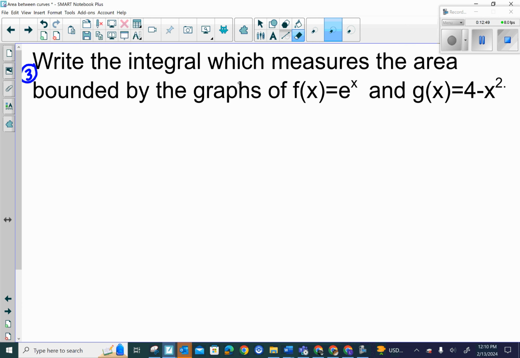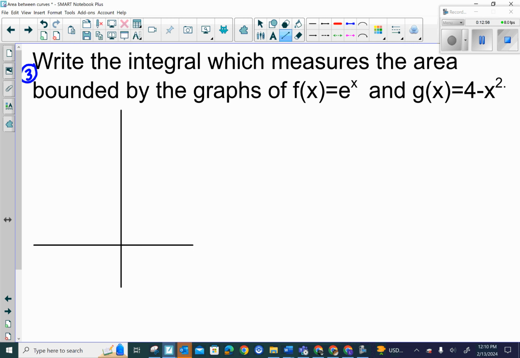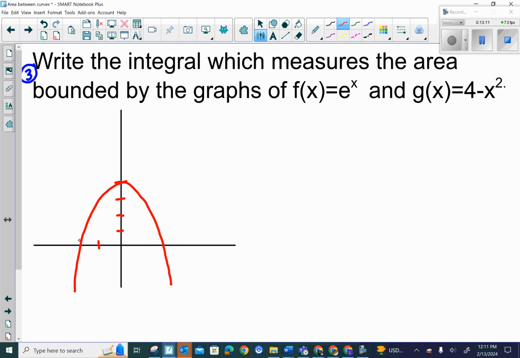Another one: write the integral or integrals which measure the area bounded by the graphs of f of x equals e to the x and g of x equals 4 minus x squared. The 4 minus x squared is an easy one, an upside-down parabola, up 4 units, crossing at negative 2.